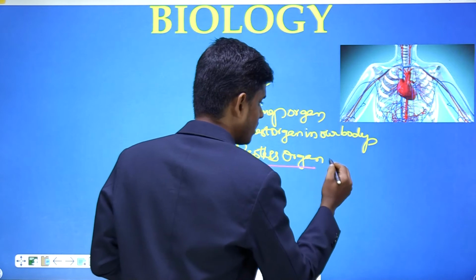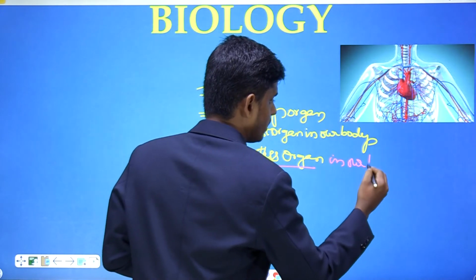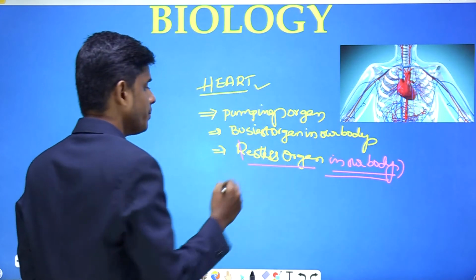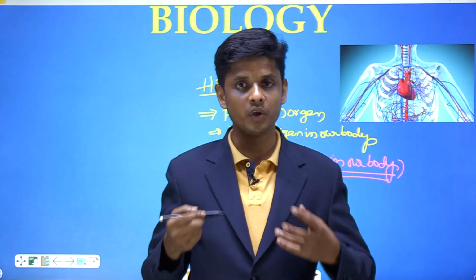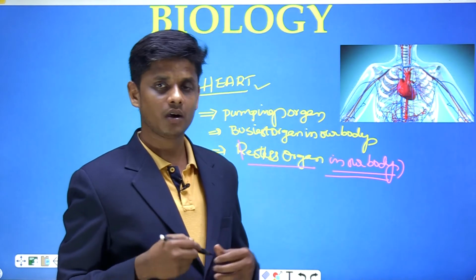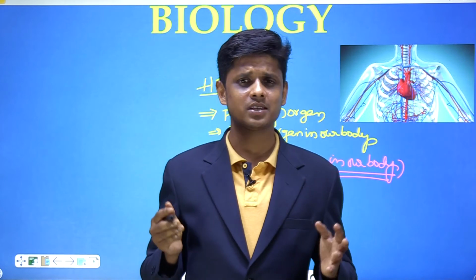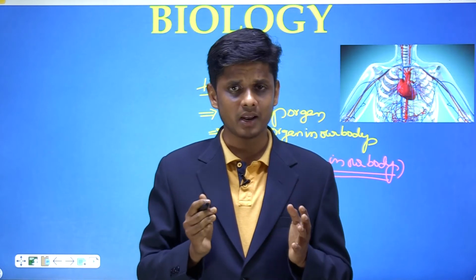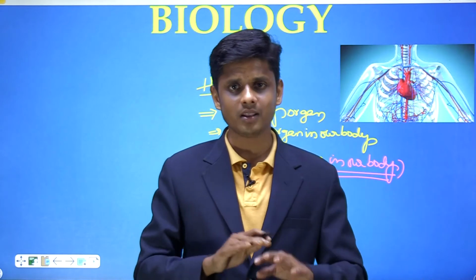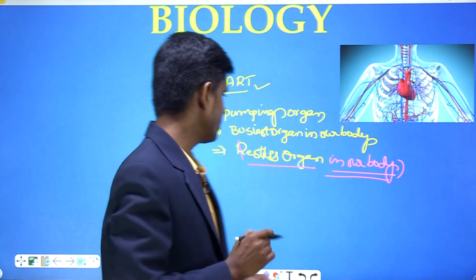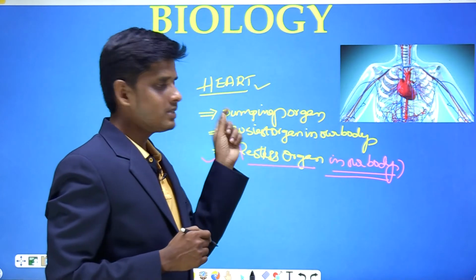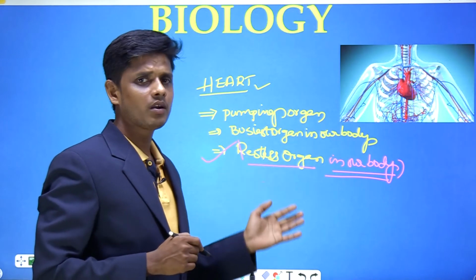Because as we are moving, as we are doing our work, as we are living, as we are doing the metabolic activities, all the metabolic activities can be conducted only in the presence of the heartbeat. If the heartbeat is there, all these activities are there, so it could be called a restless organ. Understand? And this heart sends different substances from one part to another part.